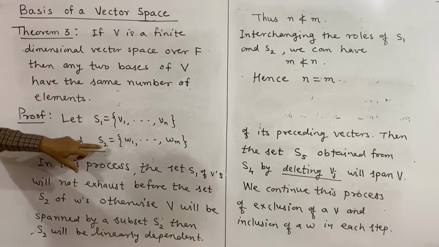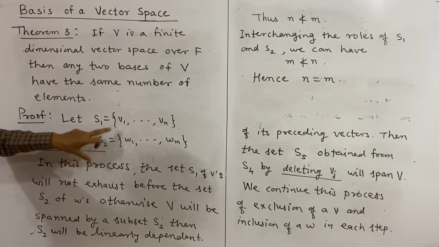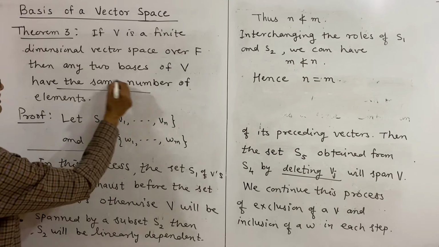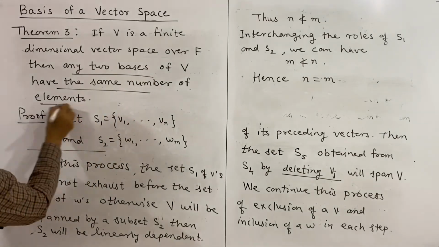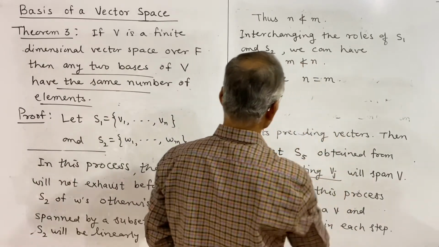This is a basis and this is a second basis, and the first basis and second basis will have the same number of elements. Any two bases of V have the same number of elements. This proves the theorem.